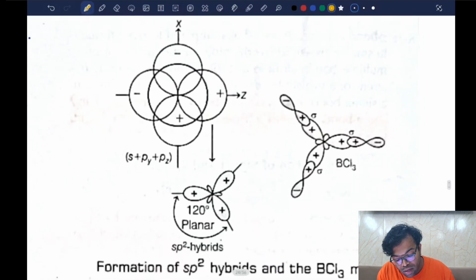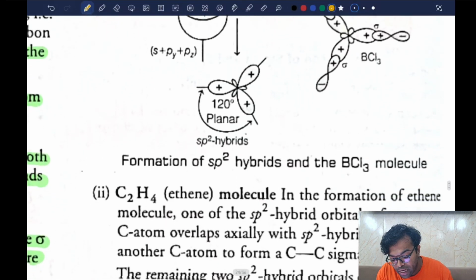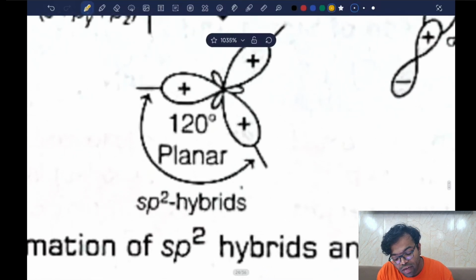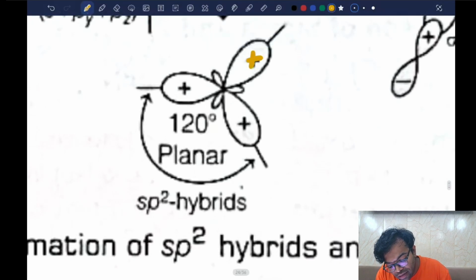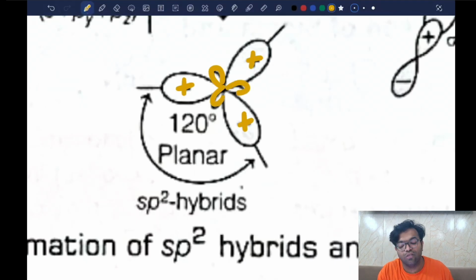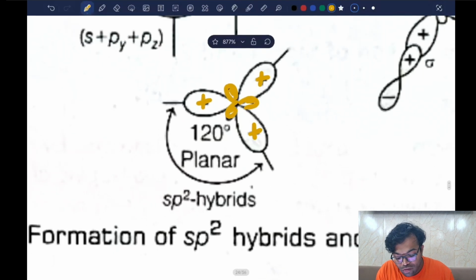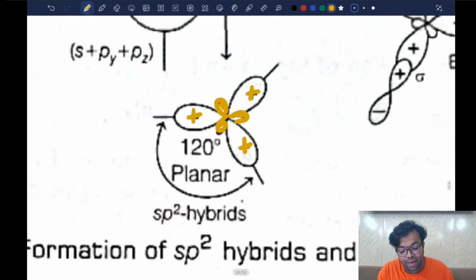Now, this is how the sp2 hybrid orbital actually looks. So you have the three positives here, here, here, and the negatives are tucked next to the two axes. Okay, so this is how you have the sp2 hybrids in place.